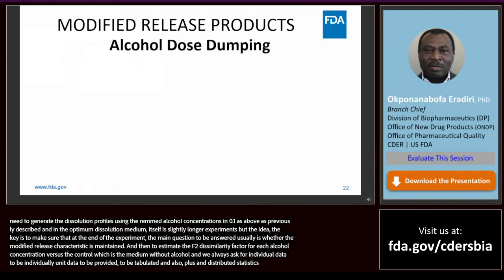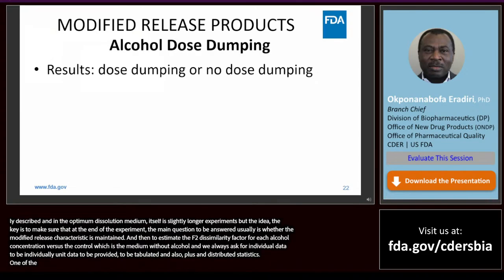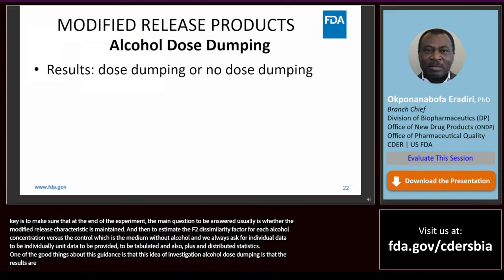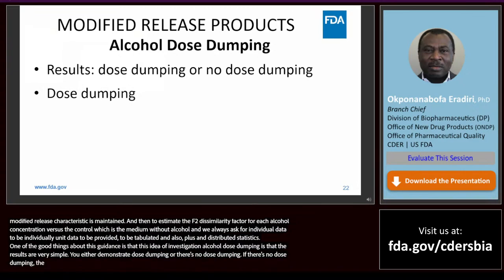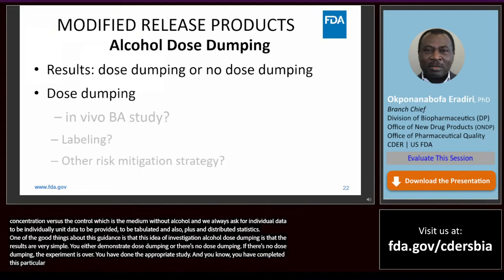One of the, again, good things about this guidance is that in investigating alcohol dose dumping, the results are very simple. You either demonstrate dose dumping or you don't. If there is no dose dumping, your experiment is over. You've done the appropriate study, and you've completed this particular type of experimental data.